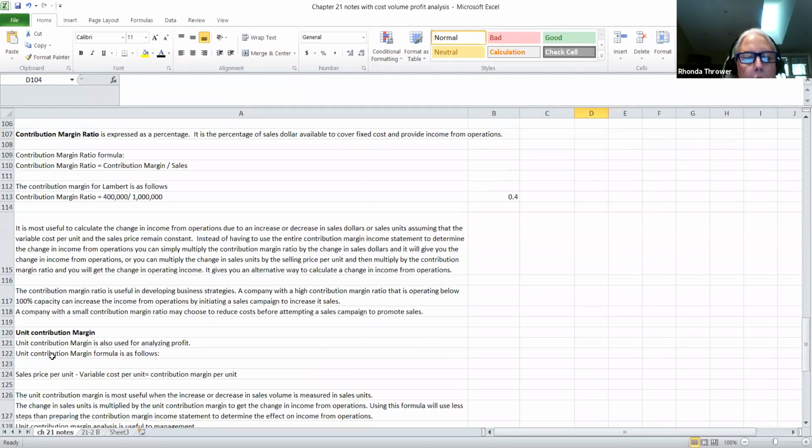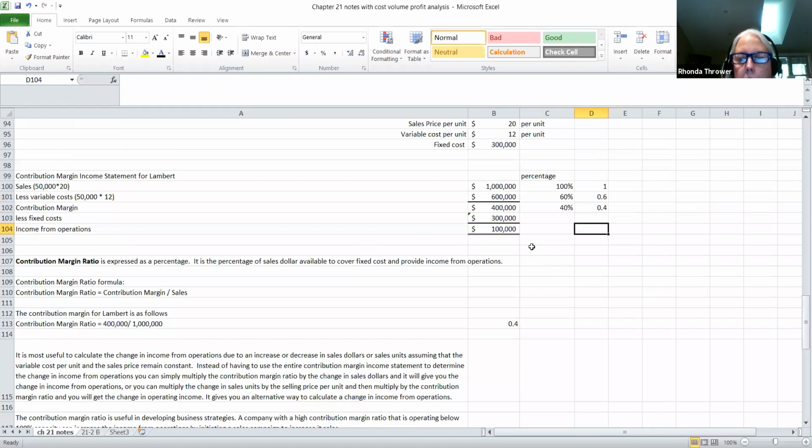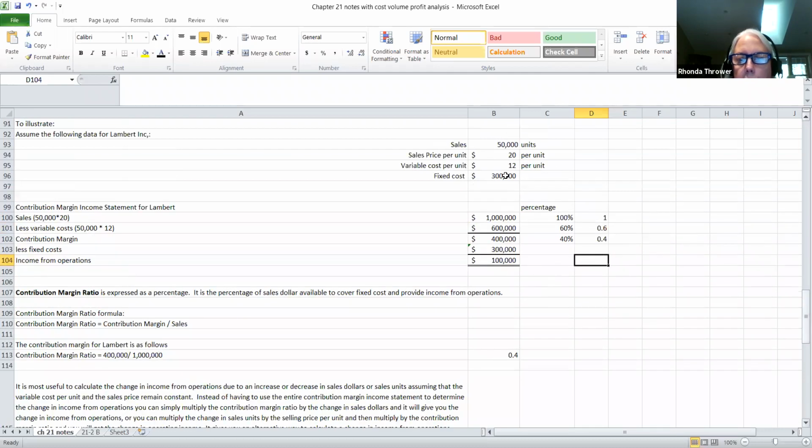You can also find a unit contribution margin, which is basically the same thing we've done here, except we find it per unit. In this problem, they gave us a sales price per unit.